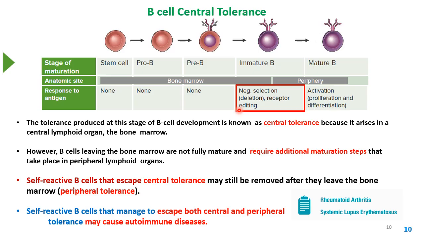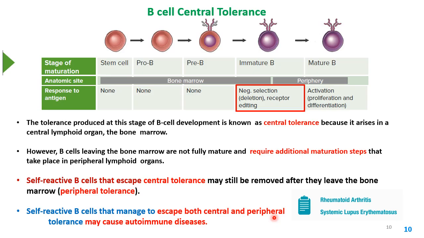When negative selection happens in the bone marrow, you call that central tolerance. When the cell goes to the periphery and you do further refining of the tolerance, you call that peripheral tolerance. If you still have B cells that sneak past the selection of central and peripheral tolerance, then you're going to have problems.